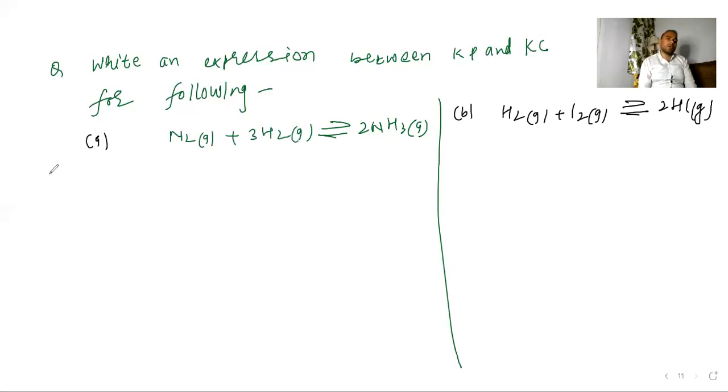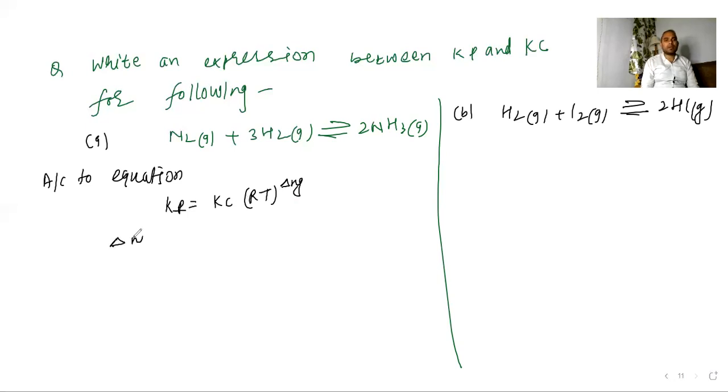According to the equation, Kp is equal to Kc RT power delta Ng. R and T are constants, so delta Ng will determine the difference. Delta Ng means the number of gaseous products minus the number of gaseous reactants.